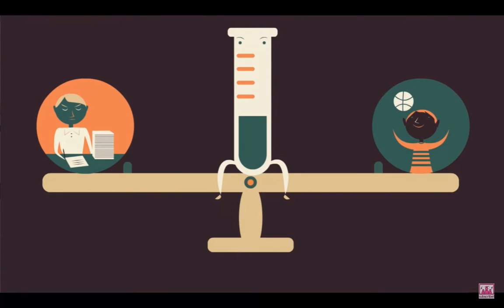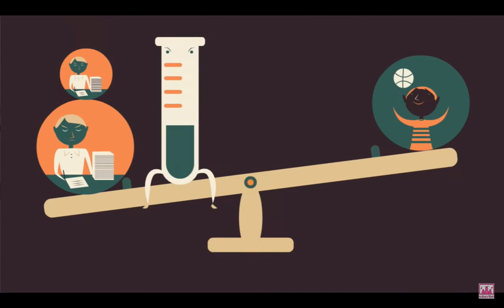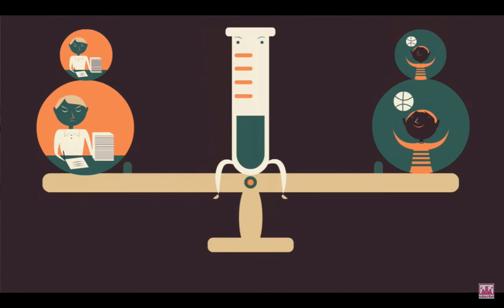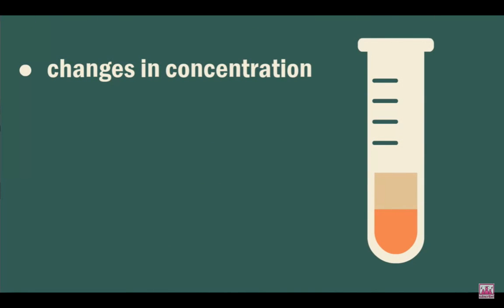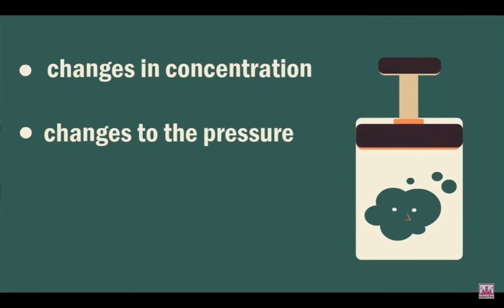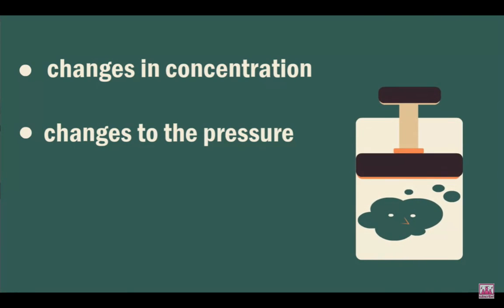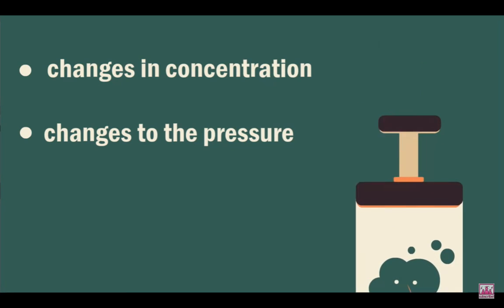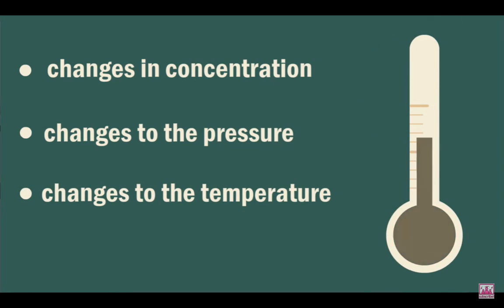Following on the same idea, when a chemical system at equilibrium is stressed, the system works to restore equilibrium. This is Le Chatelier's principle. The stresses are changes to the concentration of either the reactants or products, changes to the pressure, although this is only applicable to gaseous systems, changes to the temperature.